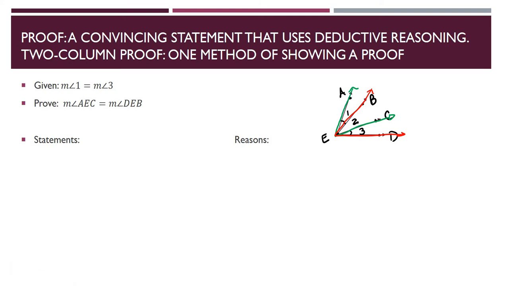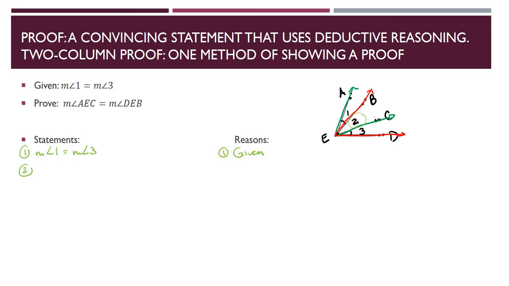The first statement I'm going to write is always the given. You must always write the given first. So measure of angle 1 equals measure of angle 3, and the reason for that is given. Number 2. Next thing I'm going to write is that the measure of angle 2, and the reason I'm doing this, I'm looking at AEC and I'm seeing that it's 1 plus 2 and BED is 2 plus 3.